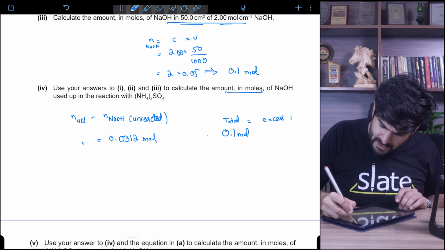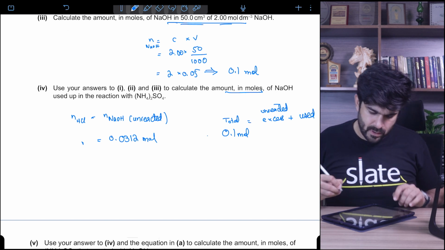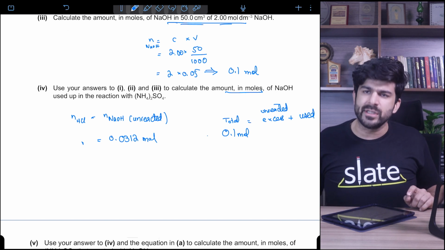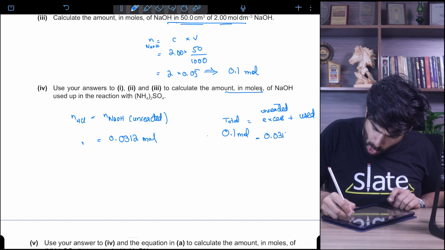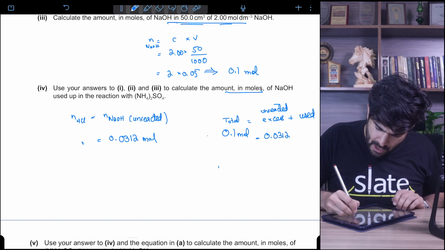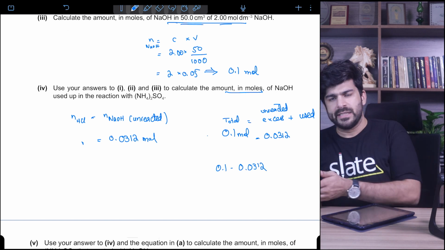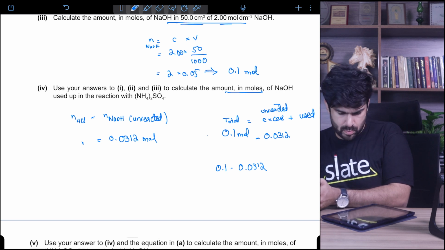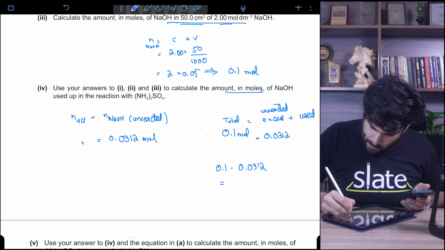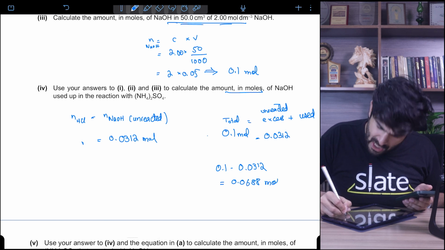Unreacted excess plus used. So calculate the amount of NaOH that was used. So 0.0312, obviously we are going to subtract it. 0.1 minus 0.0312 and the answer would be 0.0688 mol.